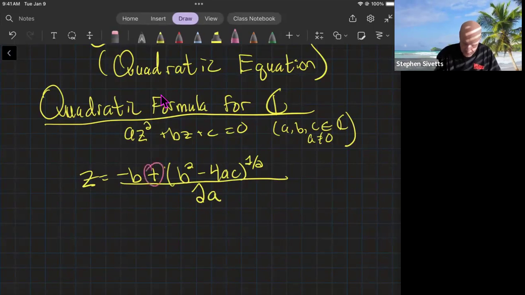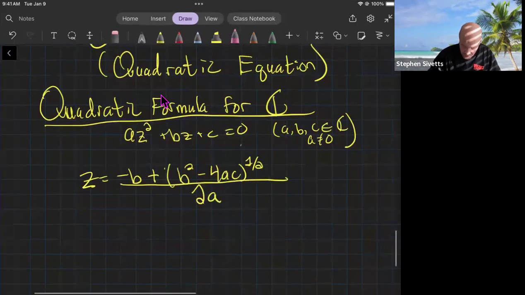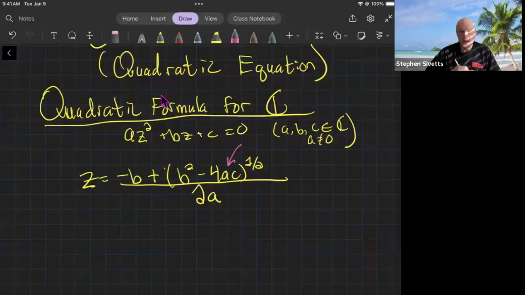Notice here we have a plus sign because in the complex quadratic formula, this quantity here would be a complex number. And with complex roots, this will incorporate two distinct complex roots, right? So we don't necessarily need the plus or minus symbol in the middle here.